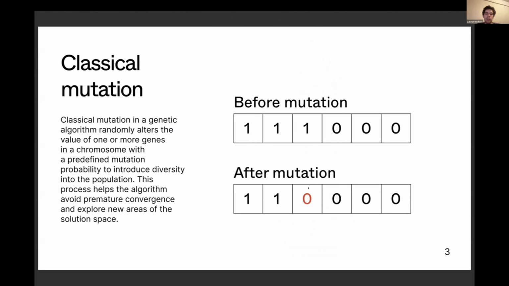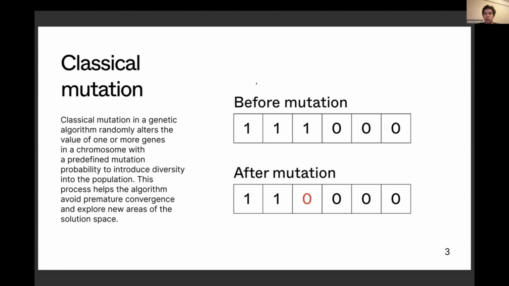One of the key operators in genetic algorithm is mutation. On this slide, I presented a classical mutation scheme, which works by randomly altering the value of one or more genes in a chromosome, and the mutation probability is typically defined as 1 divided by the number of genes in the chromosome. Of course, there are many ways to define how the mutation works in the algorithm, but this is one of the classical ones.